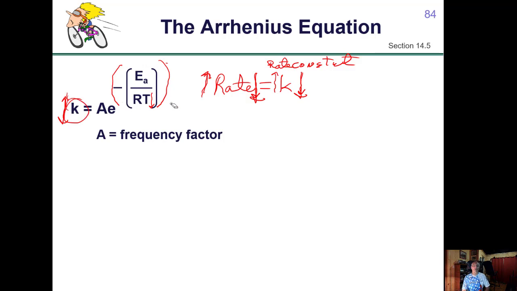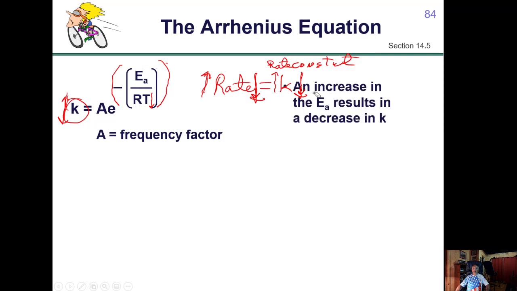And that's going to be important in the next section. So, an increase in the activation energy, E_A, results in a decrease in K. That slows down the reaction. So that's why increasing the activation energy slows down the reaction. It lowers K, changes the rate constant.